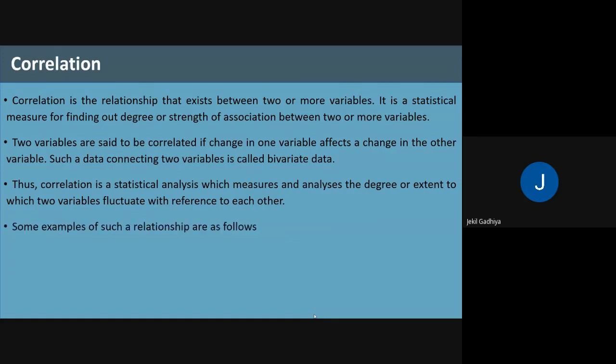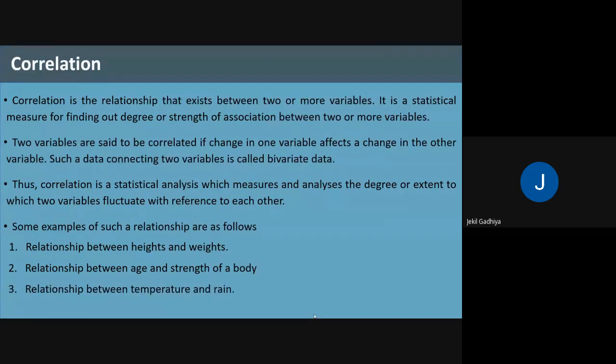Some examples of this relationship. First one, relationship between height and weight, relationship between age and strength of the body, relationship between temperature and rain. Okay, so in all three examples, you can see that if you change one of the variables, suppose you change height, obviously there is some change in weight.